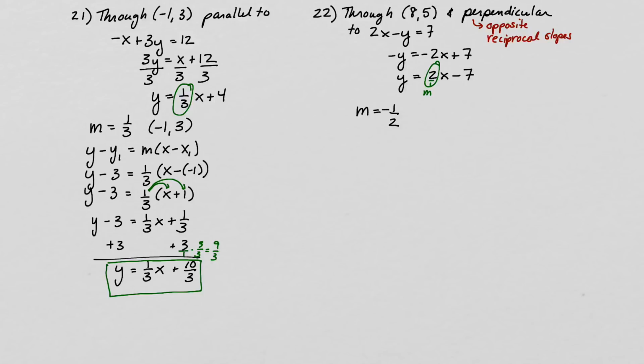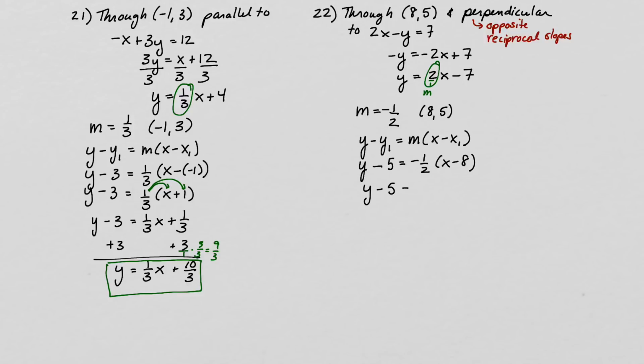So slope's negative 1/2, and my point is 8, 5. So again, y minus y1 equals m times x minus x1. So y minus 5 is going to be equal to negative 1/2 times x minus 8.